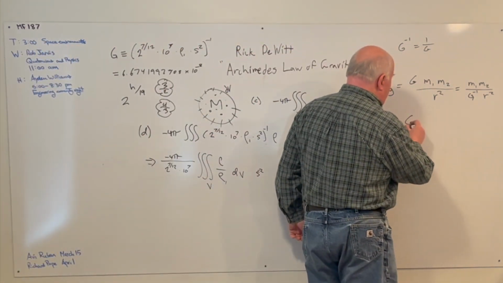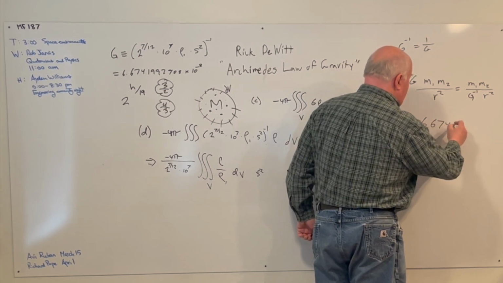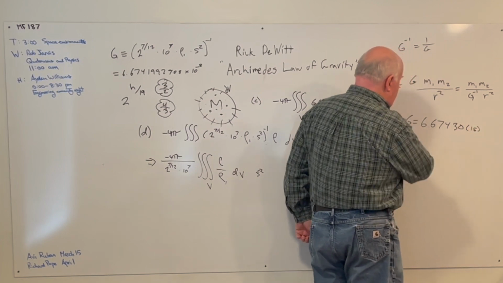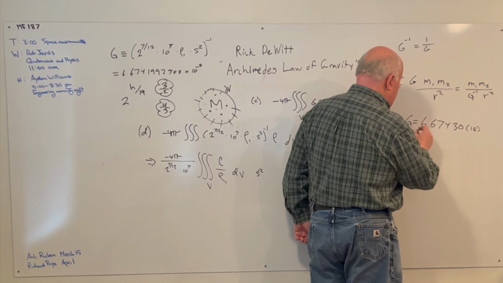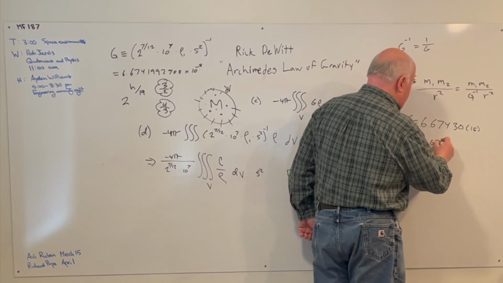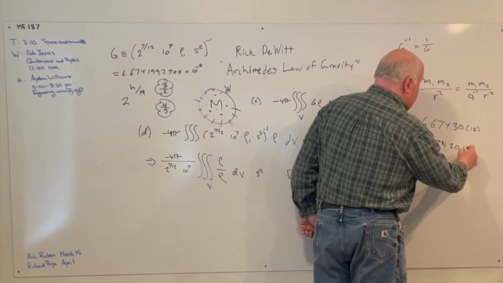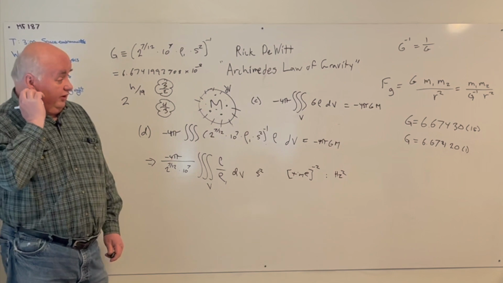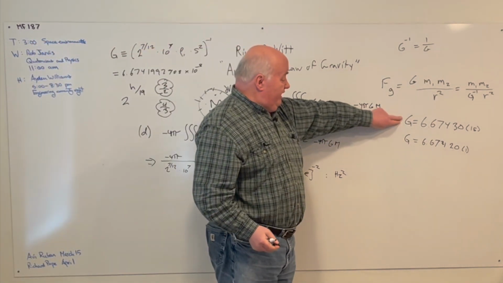So where people use 6.67430 with uncertainty 1.5, in this realm we get G is 6.67420 with a 1. I'm ignoring orders of magnitude. But this is what people use today.